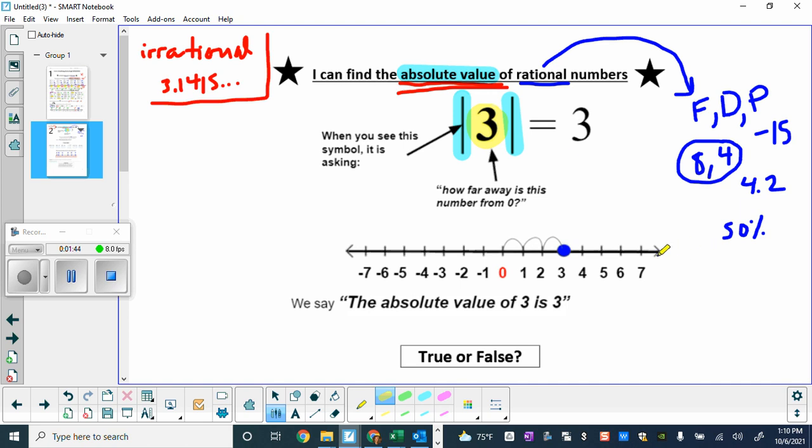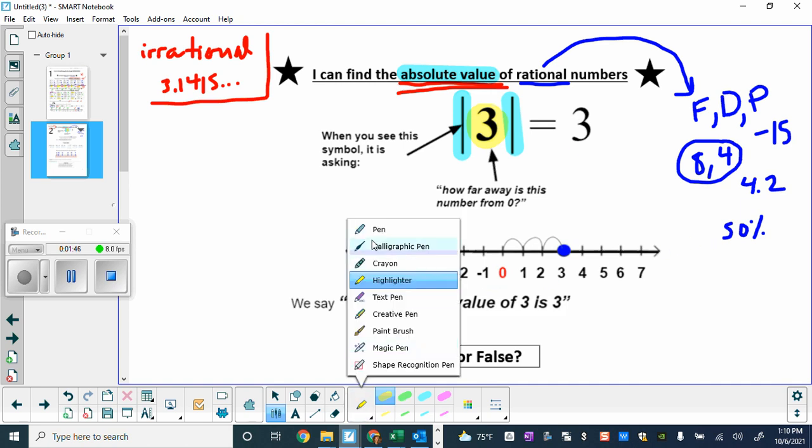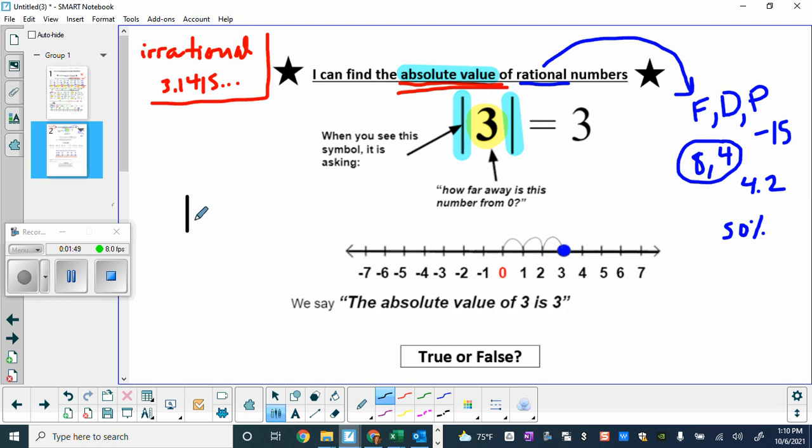We can see it here on the number line. If I wanted to know how far away is negative 3 from 0, it's actually the same, because from 0 I would just go back 3 spaces, and we can count it's the same distance away. So negative 3 is actually the same distance away that 3 is.